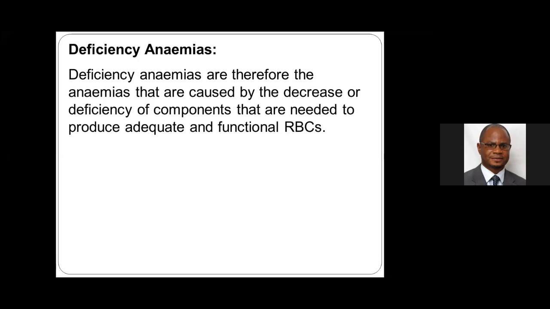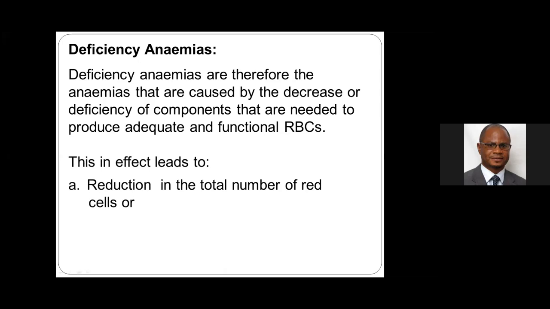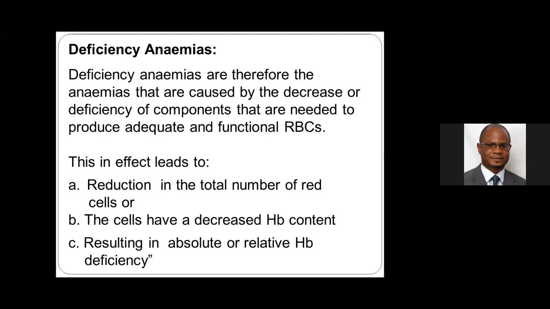Things like that. So what you need to produce the cells, and you don't have it, then you are looking at anemia. So this in effect leads to a reduction in the total number of red cells, or the cells have a decreased hemoglobin content, resulting in absolute or relative hemoglobin deficiency.